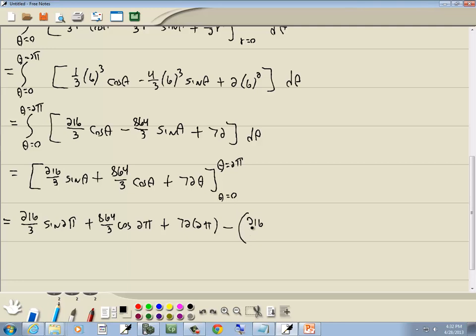So we've got 216 over 3 sine of 0 plus 864 over 3 cosine of 0 plus 72 times 0. Well, sine of 2 pi is 0, so that drops away. Cosine of 2 pi is 1, so that gives us 864 over 3. 72 times 2, 144 pi.